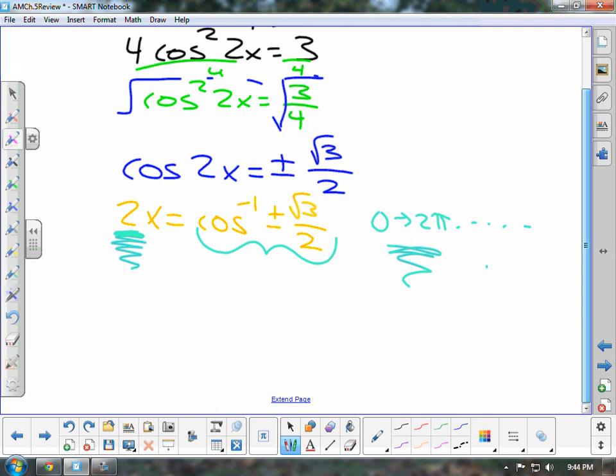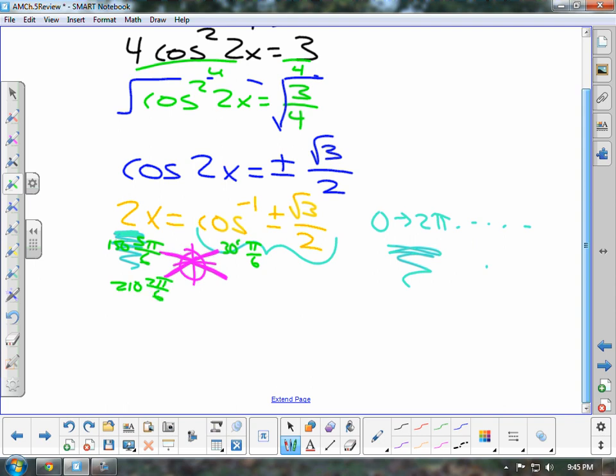And so where is cosine square root of 3 over 2 on your circle? That would be at that angle, and this angle, and also this angle, and that one, which this angle is 30 degrees, or pi over 6. This one is 150 degrees, or 5 pi over 6. This one is 210, or 7 pi over 6.